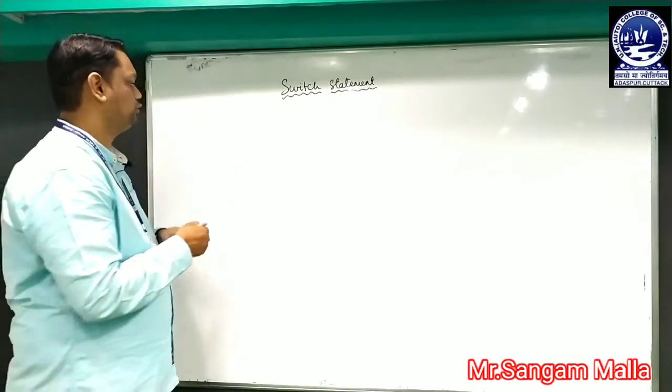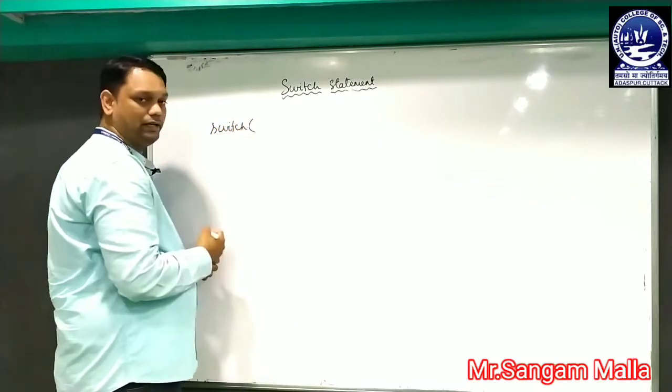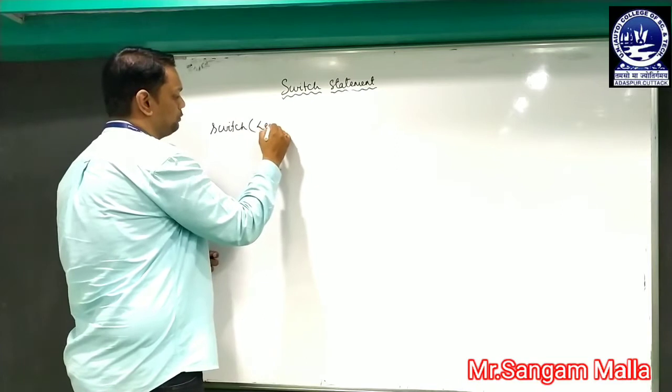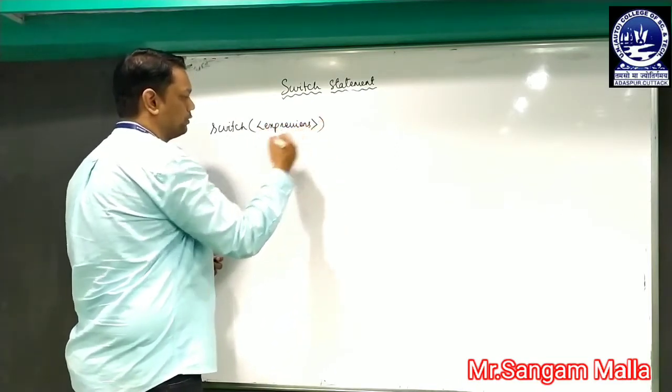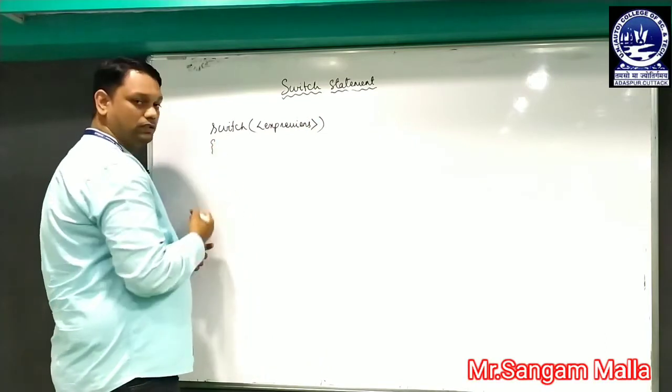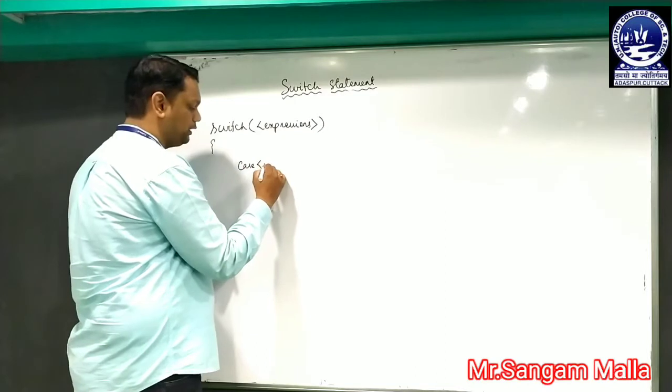For the structure of a switch statement, we will write switch, then in brackets we can give expressions. Then the curly bracket will start, then we will write case, in which we will give the value.